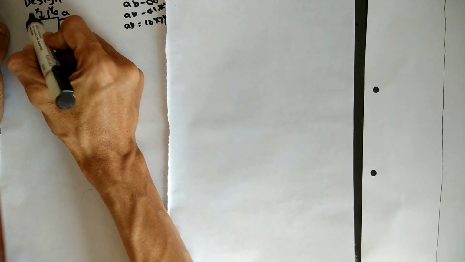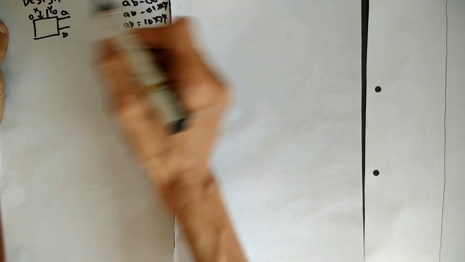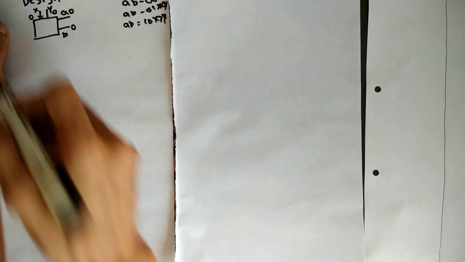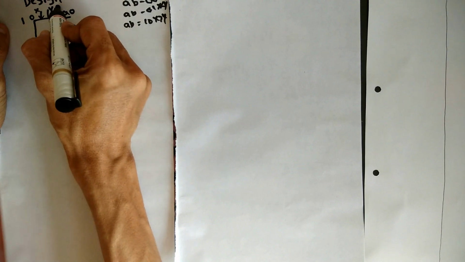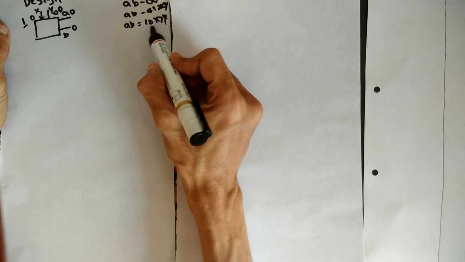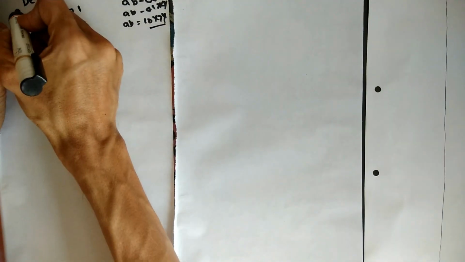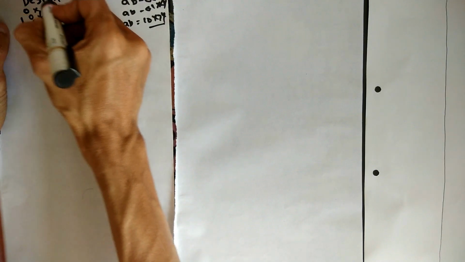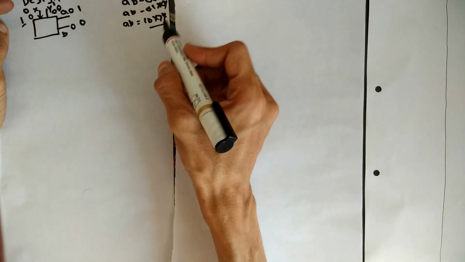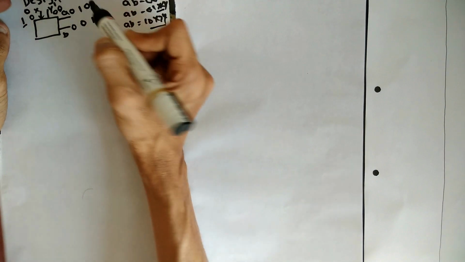In this state, what happens? If x and y are 0 0, they are equal, so it generates 0 0 as output. If x is 1 and y is 0, x is greater and y is lesser, so we get 1 0 in AB. If x is 0 and y is 1, y is greater, so A becomes 0 and B becomes 1.